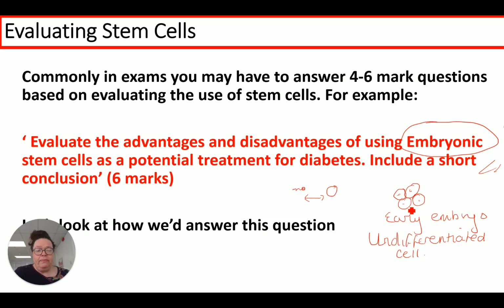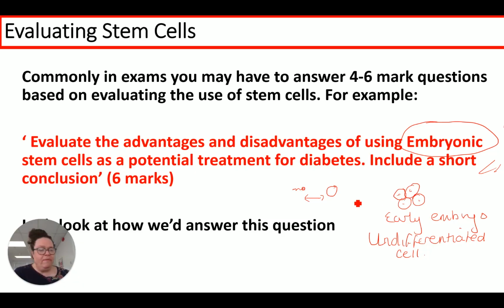Well, these are often embryos that are left over from fertility treatment, and the parents don't need them, so they might be donated as stem cells, or sometimes if it's legal they can make these in a lab, but more often than not they're from IVF treatment and they're left over. But obviously they have the potential of growing into a baby, so that's why there's some ethical things around this.